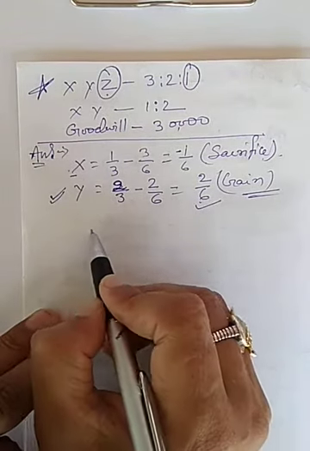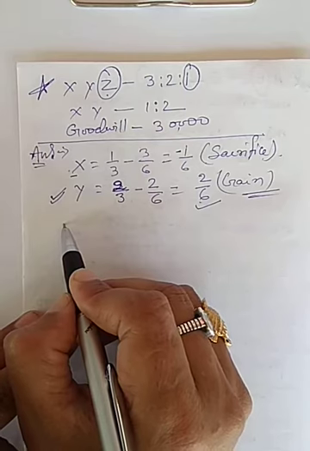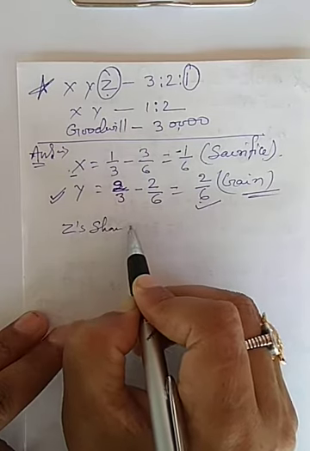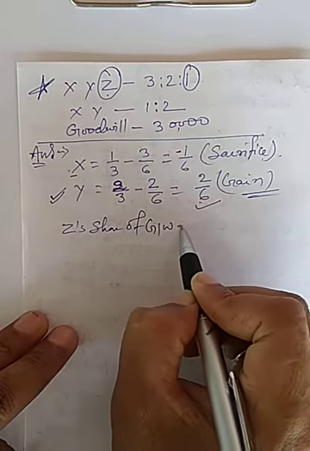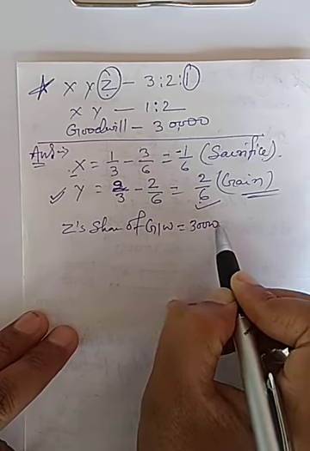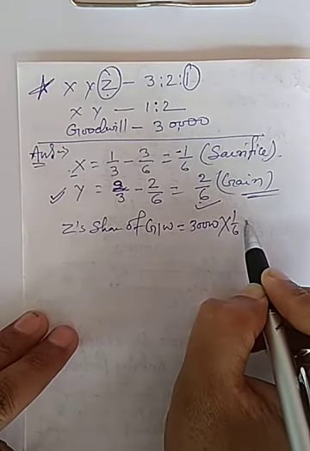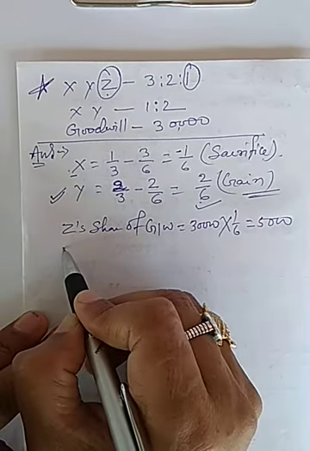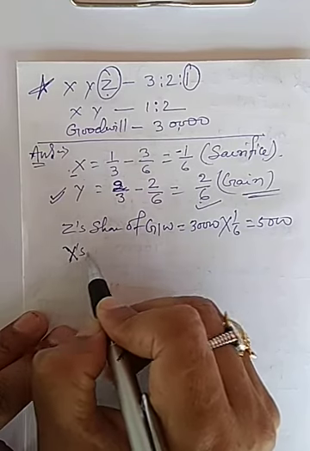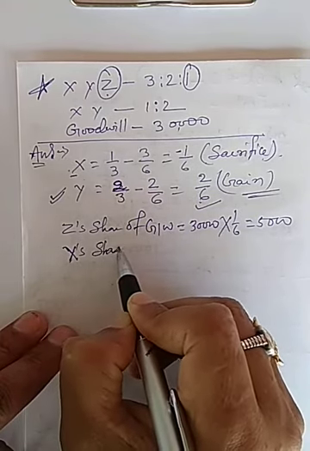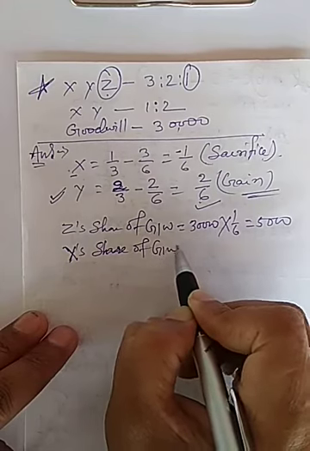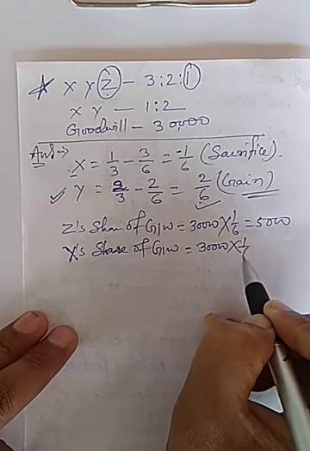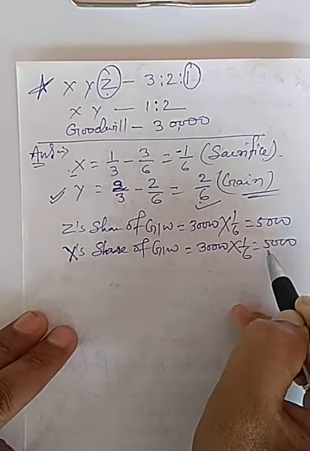So now I will calculate Z's share of goodwill. Z's share of goodwill equals 30,000 into 1 by 6, it will be 5,000. And X's share of goodwill will be 30,000 into 1 by 6, it will also be 5,000.